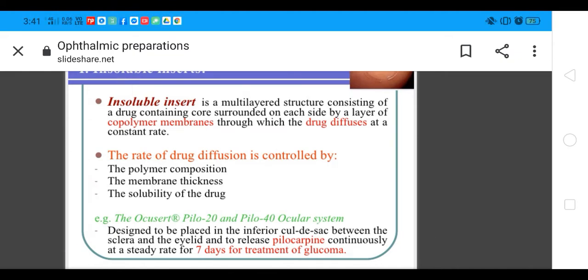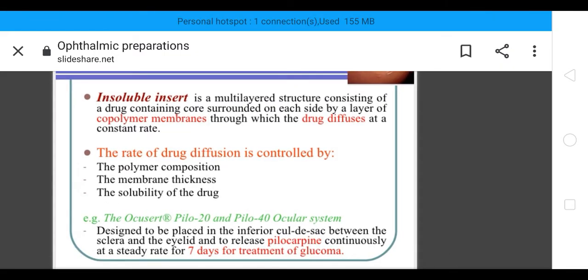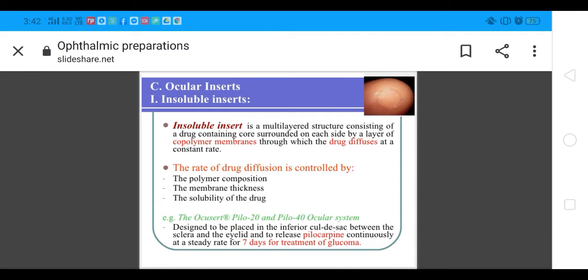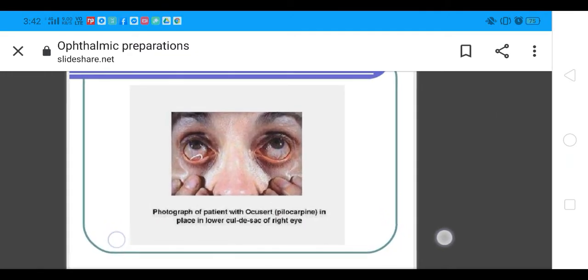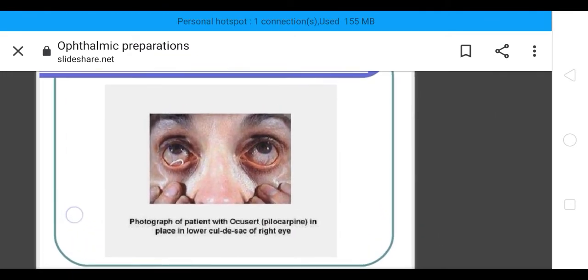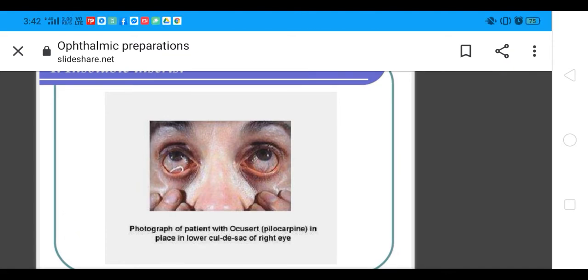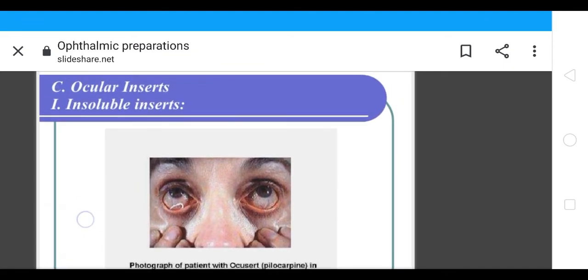These ocular systems are placed into the inferior cul-de-sac between sclera and eyelid, and release pilocarpine at a steady rate for 7 days in the treatment of glaucoma. Like this, we have to place ocular inserts in our eyes in the lower cul-de-sac.